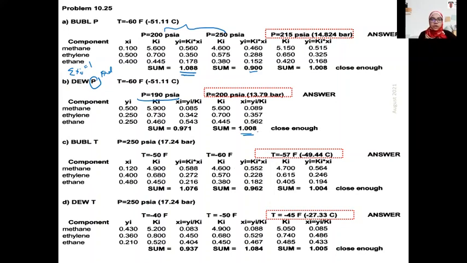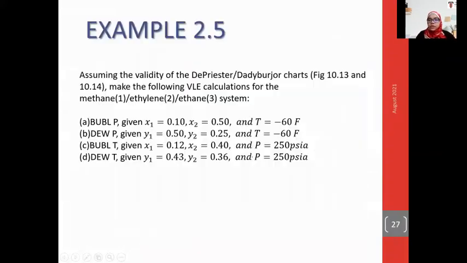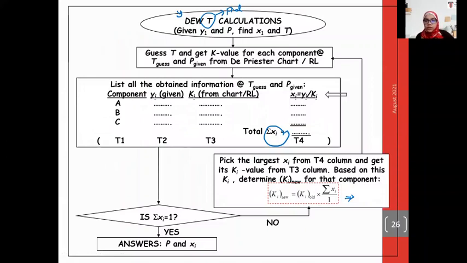It's close enough. So for the bubble T, we find the temperature, and we need to ensure that the summation of the vapor phase is equal to 1. If not, you need to perform another iteration, or you may use the correlation given for the summation.